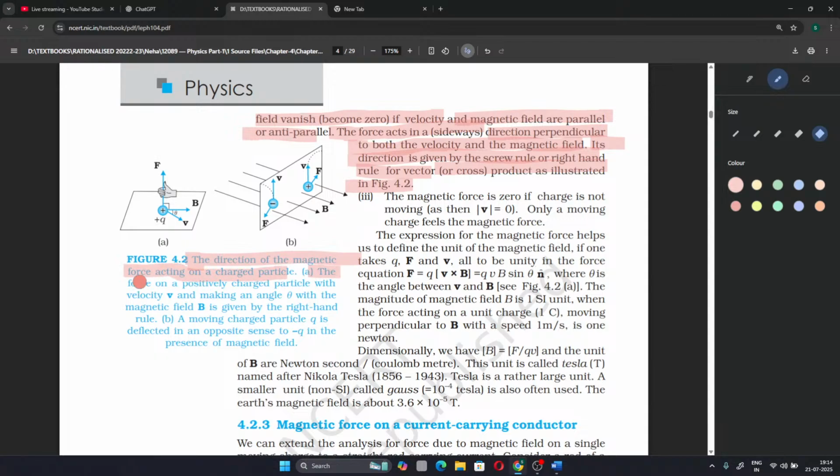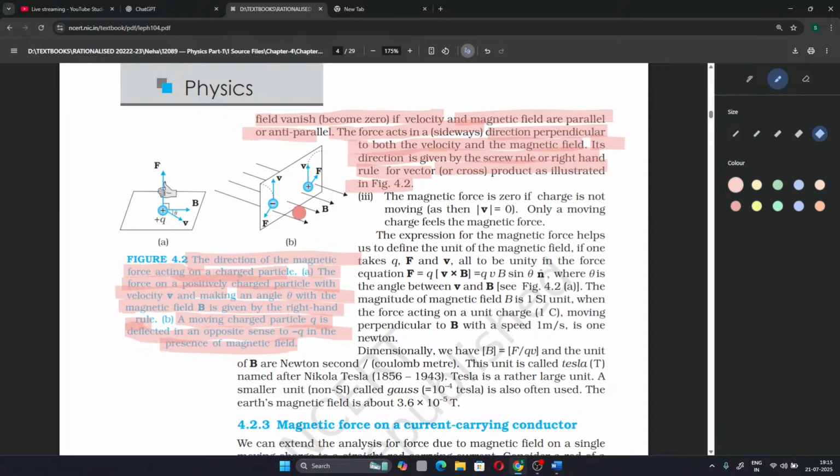In diagram A, the force on a positively charged particle with velocity v, making an angle theta with the magnetic field B, is given by the right hand rule, and in B, a moving charged particle Q is deflected in the opposite sense to minus Q in the presence of a magnetic field.